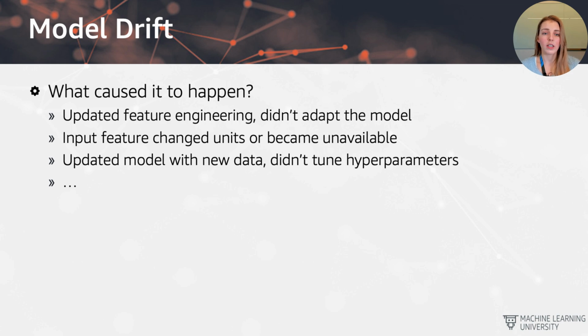It could also be that the model was updated with new data, but maybe the hyperparameters of the model were not tuned sufficiently. So once again, there are many subtle reasons and root causes of what could have happened. So this is going to be a bit of an exploratory task.